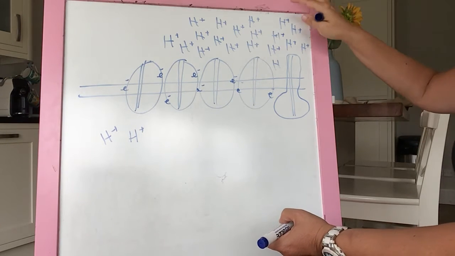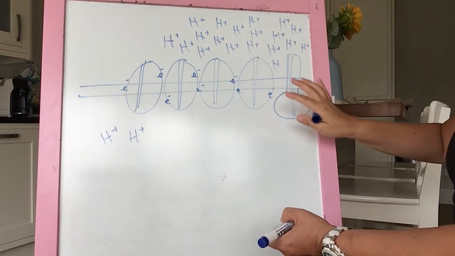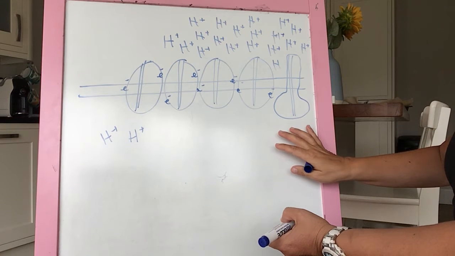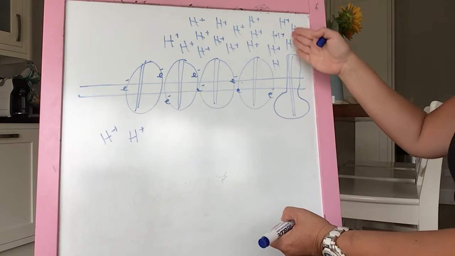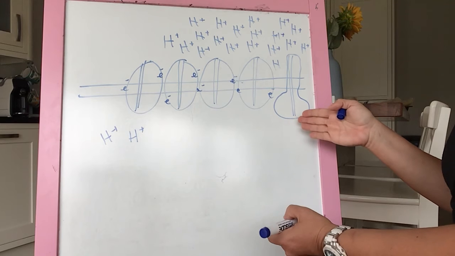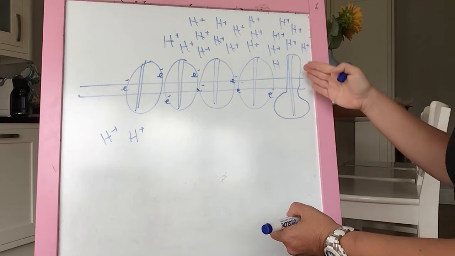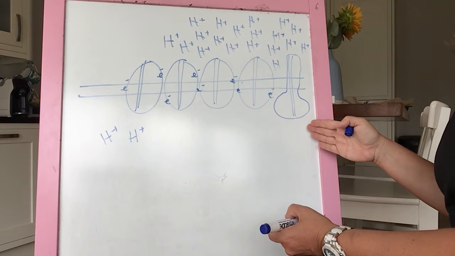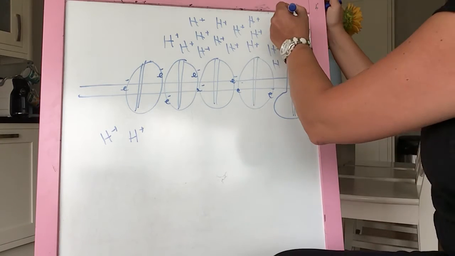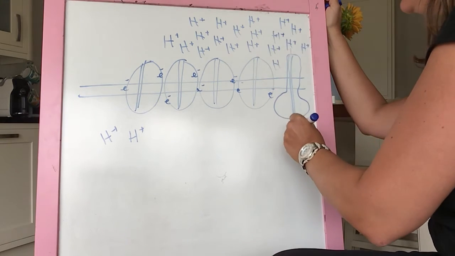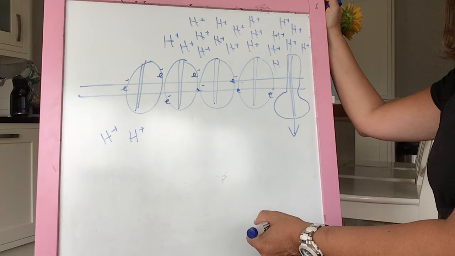They're going to go from a high concentration to a low concentration back into the matrix. And because it's through a protein, enzymes are proteins, aren't they? We say it's through facilitated diffusion. Okay? So these hydrogen ions are going to go whee down here.